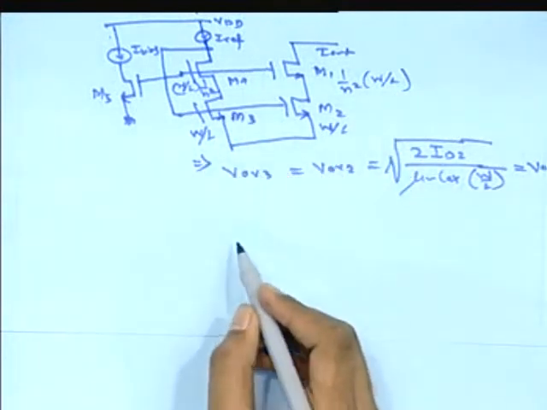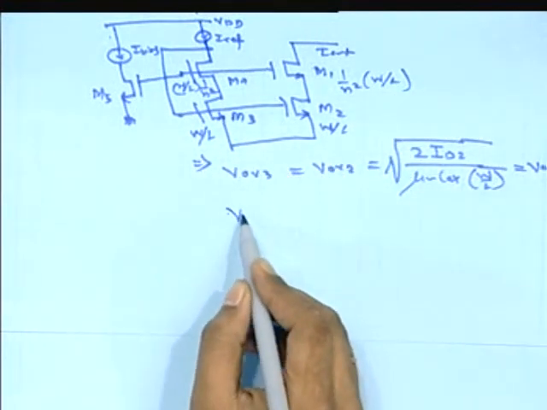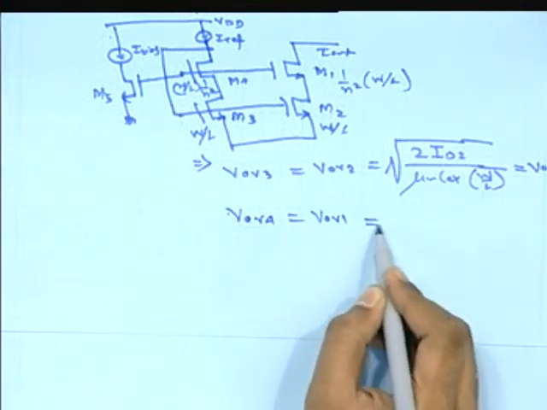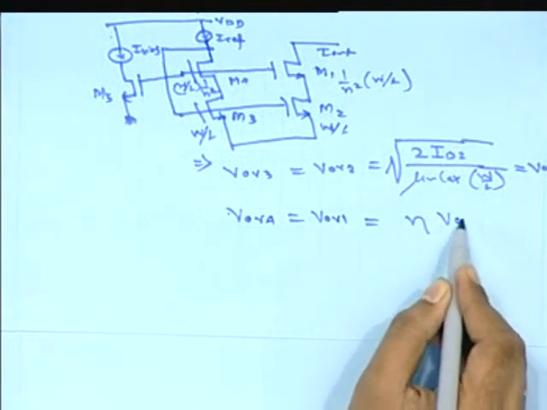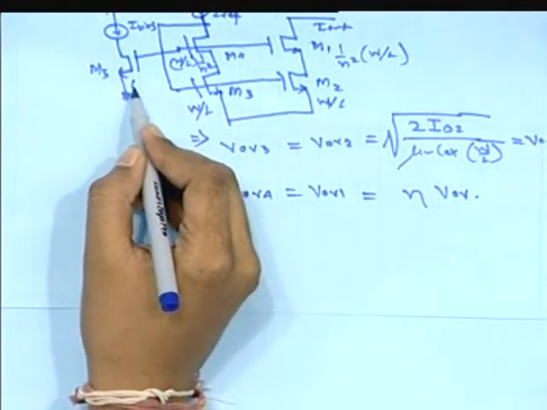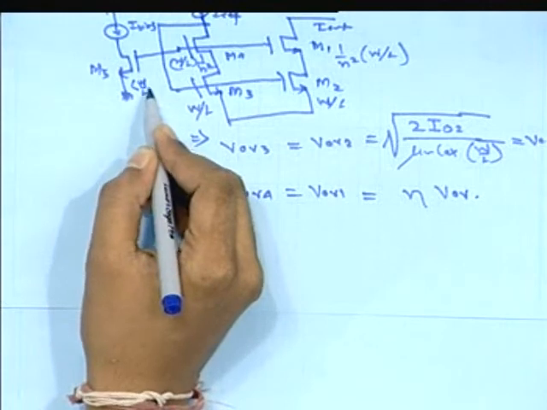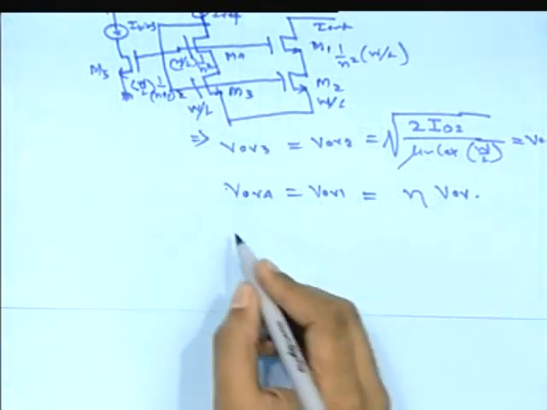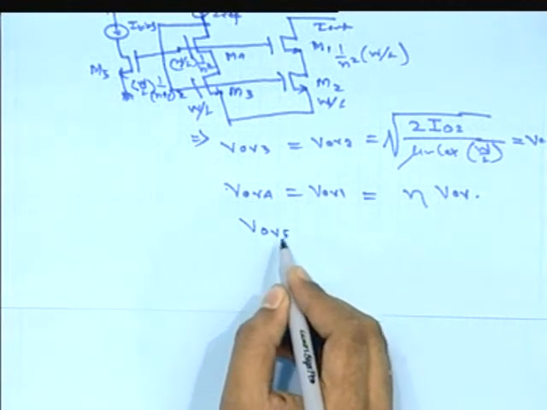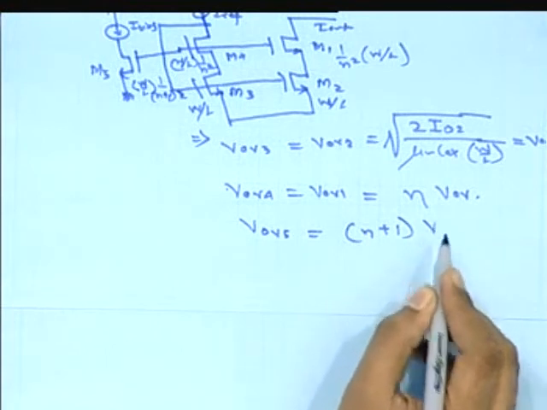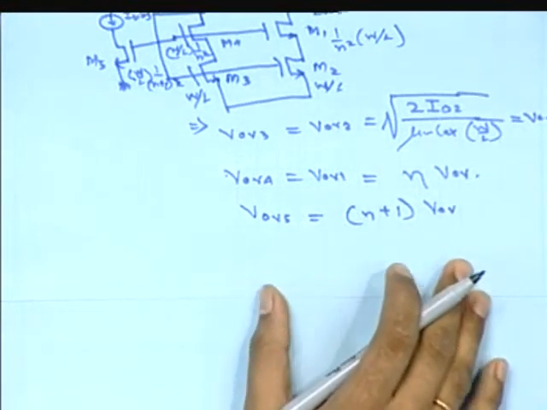So the VOV of M4 and M1, that is VOV4 equal to VOV1, is n times VOV, and for M5 the W by L is multiplied by 1 by n plus 1 whole square. So this VOV5 is nothing but n plus 1 times VOV. So why do we need that?